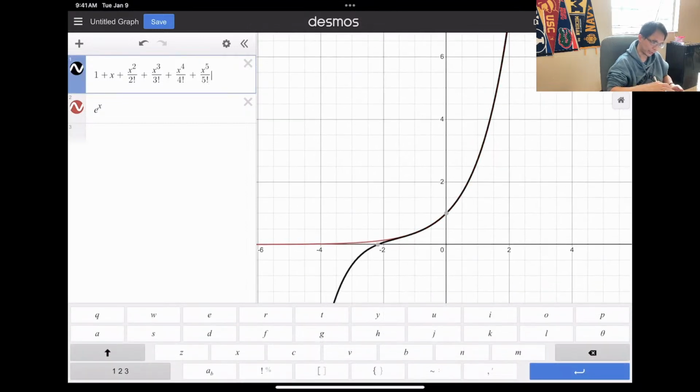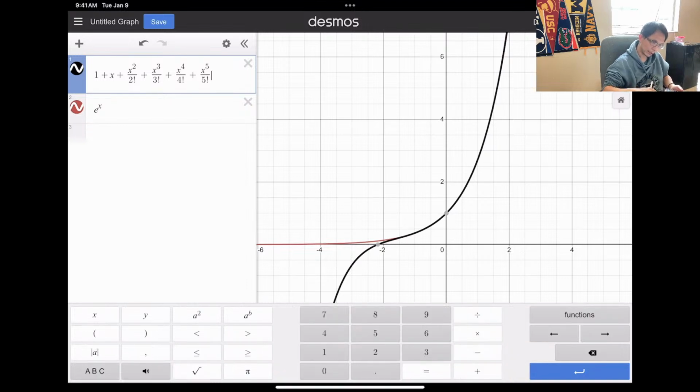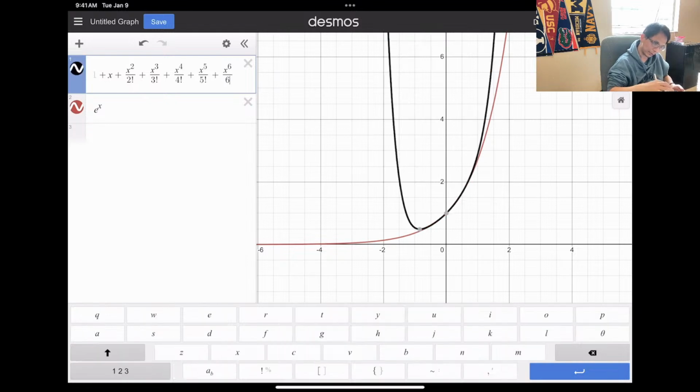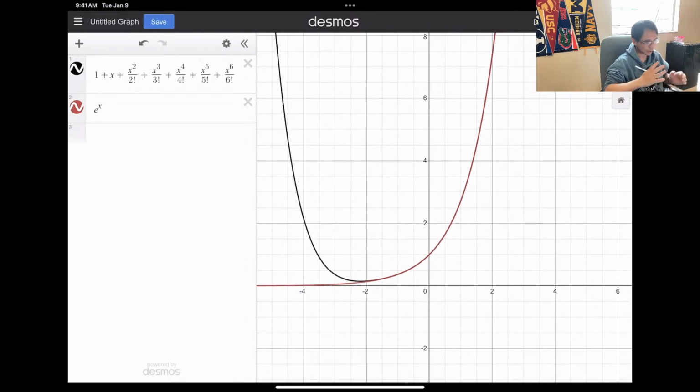The more iterations, the better. Plus x to the 6th over 6 factorial. The more iterations I do, the more it becomes e to the x.